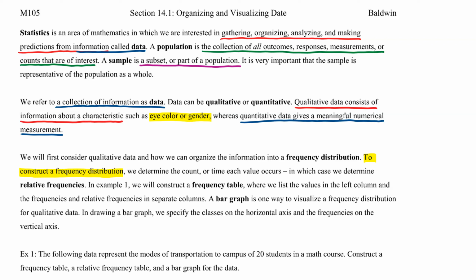Now, typically the way we visually represent this data and this finding is with a bar graph. That is one way we visualize a frequency distribution for qualitative data. When we draw a bar graph, we're going to specify the classes. So the classes are just the different categories.